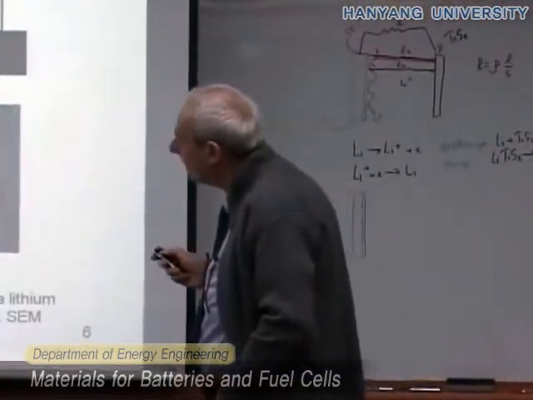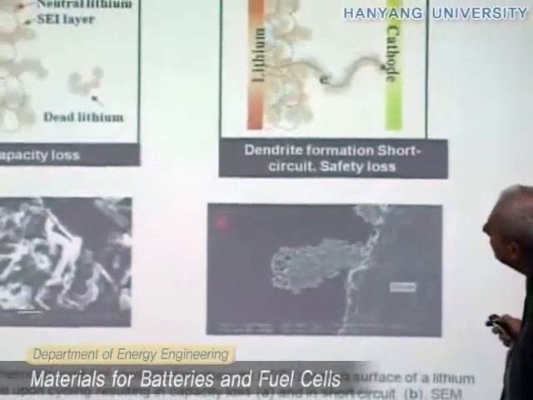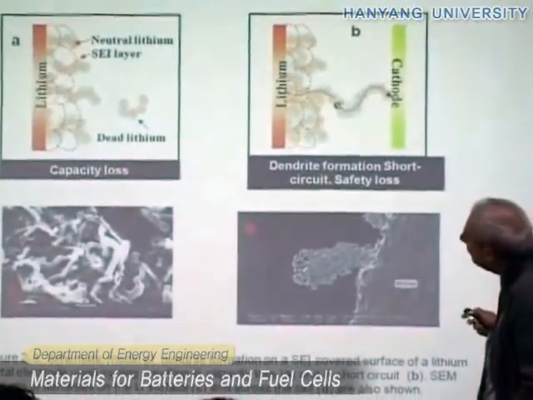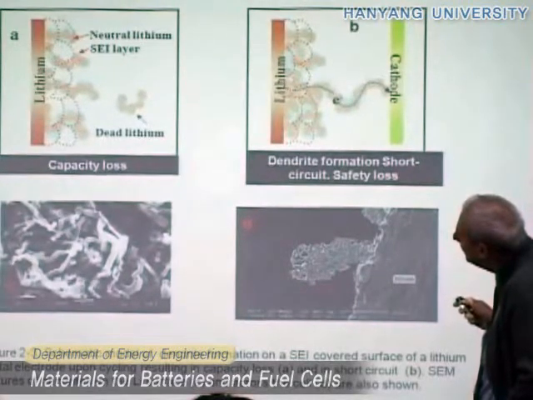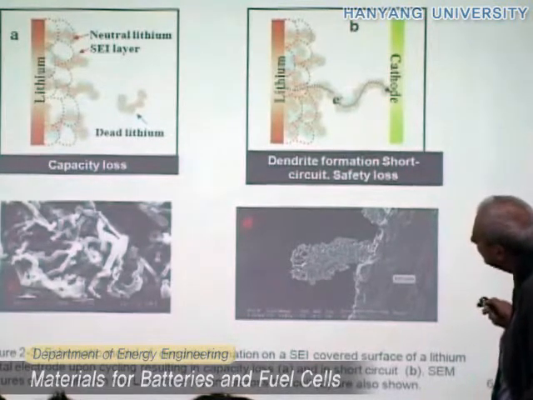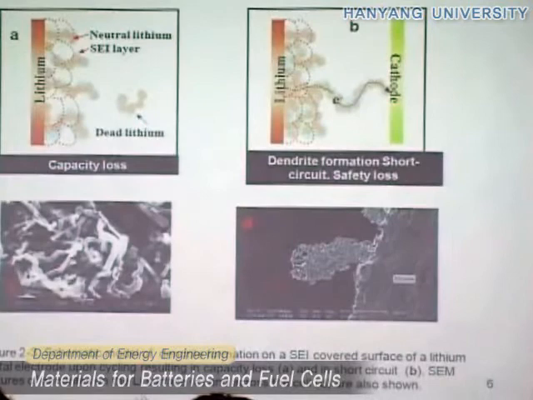So you see here what will happen, for instance, we will have some dendrite formation, and then this dendrite does not go all through the cell, which is good in terms of safety because we don't have any short. However, some piece of the dendrite can fall down. And if they fall down into the cell bottom, they are not useful anymore for the cell operation. So one effect is that we have a capacity loss during cycling.